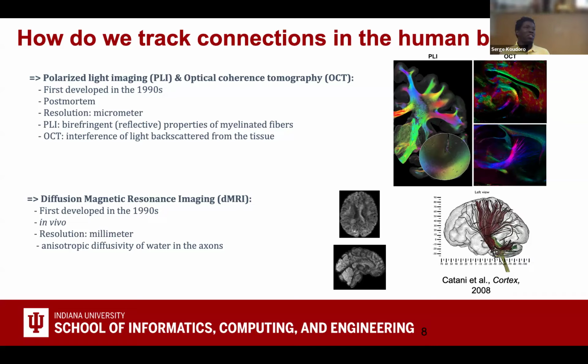This technique works very well, but the main problem is you need a post-mortem brain, so this is for ex vivo. It is still used today because it helps to create the literature, the ground truth, kind of.